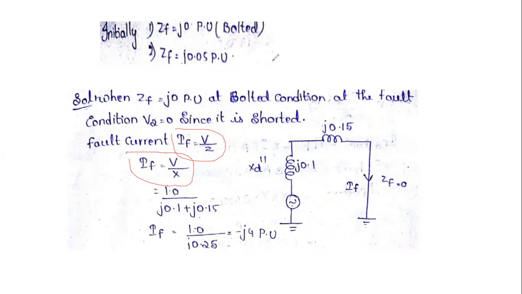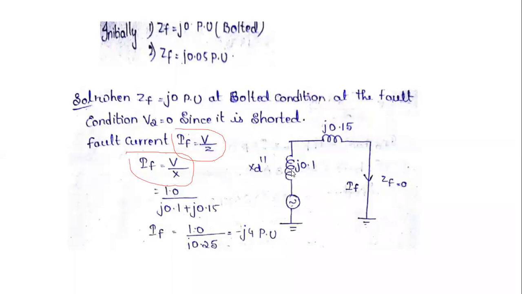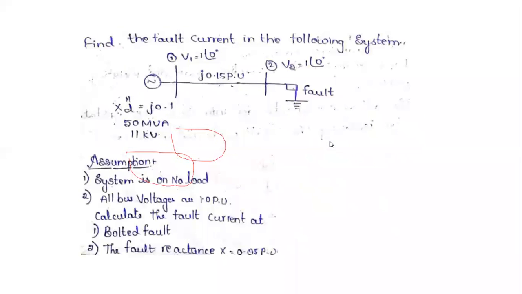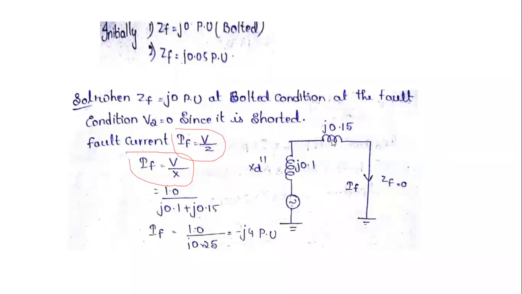It is j0.1, the XG double dash, j0.1. Therefore this is equal to j0.1 plus the fault reactance, j0.05.